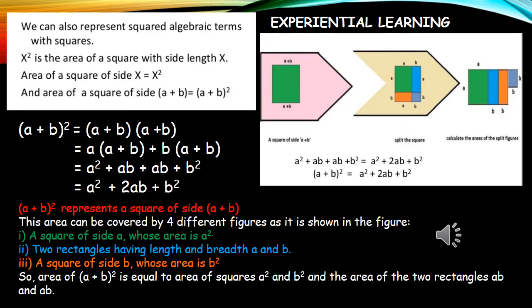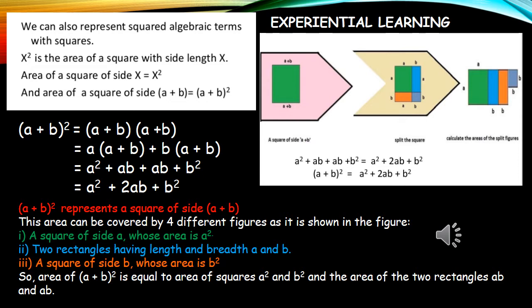Now we'll be concentrating on the first identity, that is (a plus b) whole square. We'll see how it is derived mathematically. We know that (a plus b) whole square is equal to (a plus b) into (a plus b). So, a into (a plus b) plus b into (a plus b).